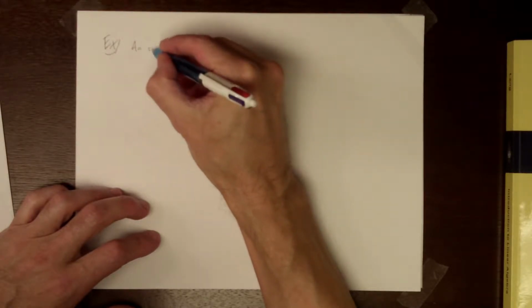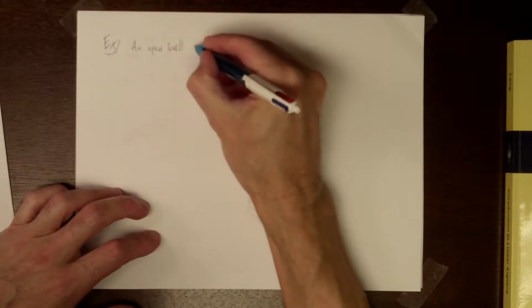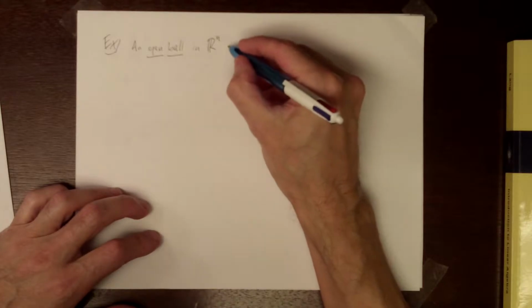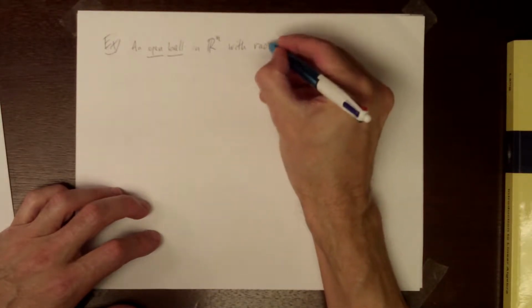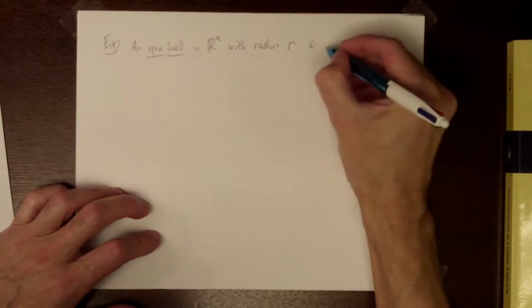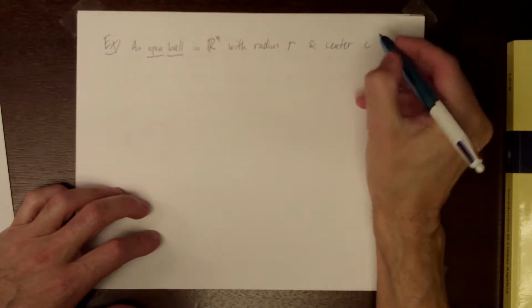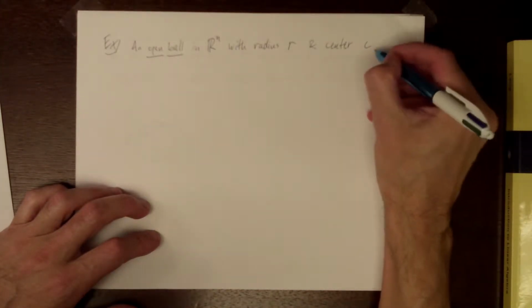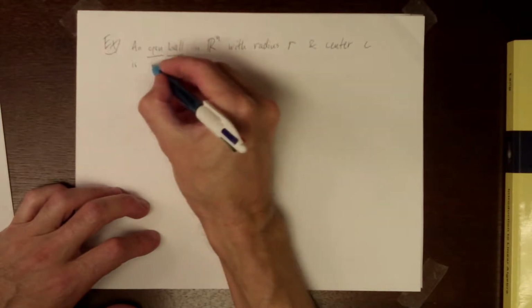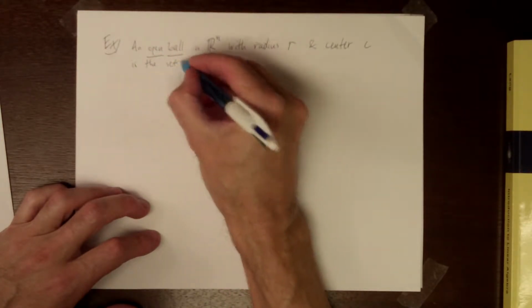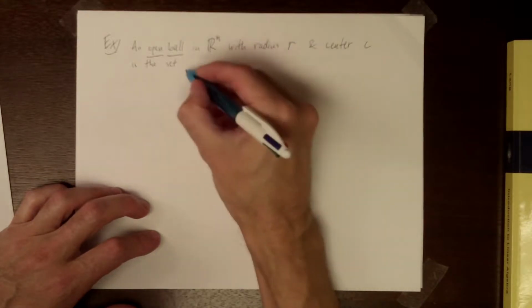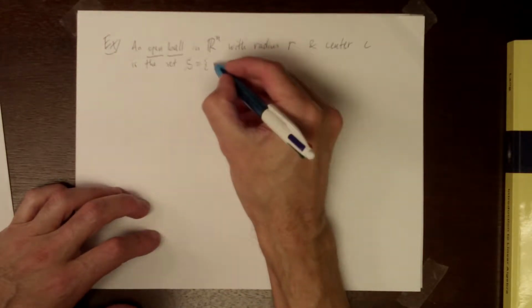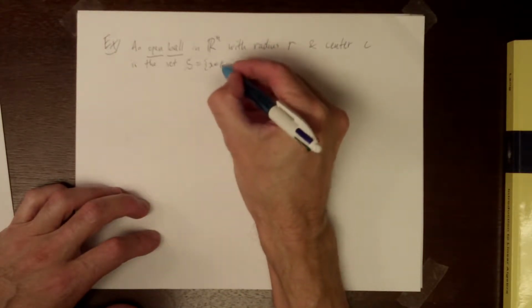An open ball in R^n with radius R and center C is the set, let's call this S. S equal to the set of all vectors in R^n.